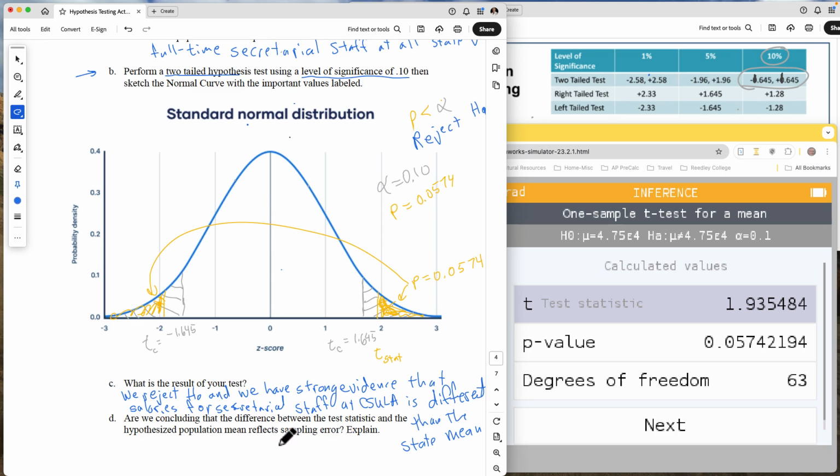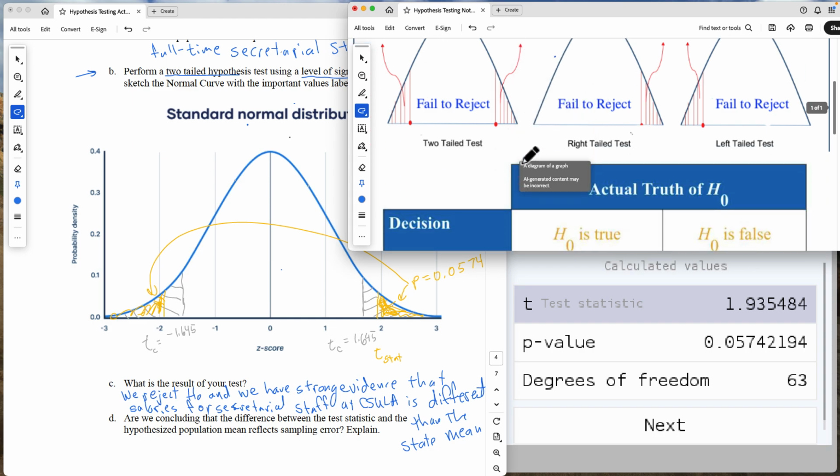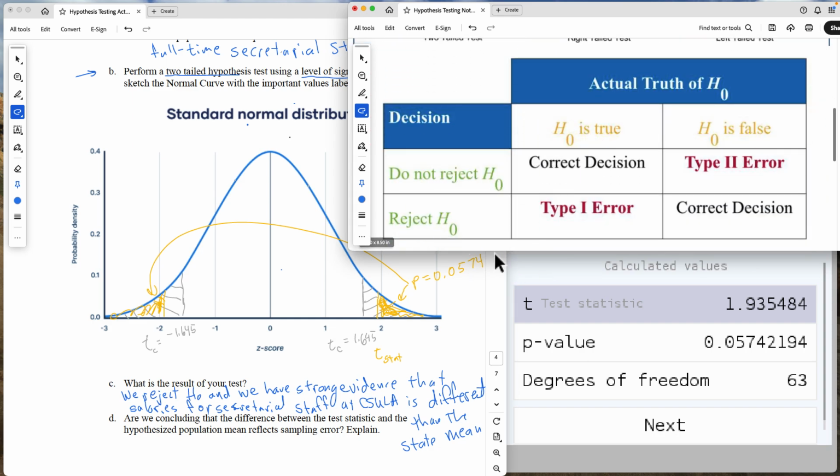Are we saying it reflects sampling error? Well, again, what kind of error could there be? Some of these questions are just kind of out there, but there's only two types of errors, right? In this case we rejected, so if there is an error, it would be a type 1 error. A type 1 error is not from sampling. Generally not from sampling.